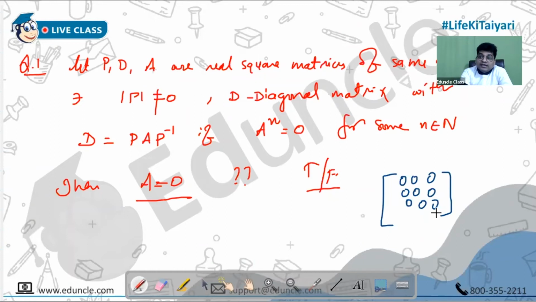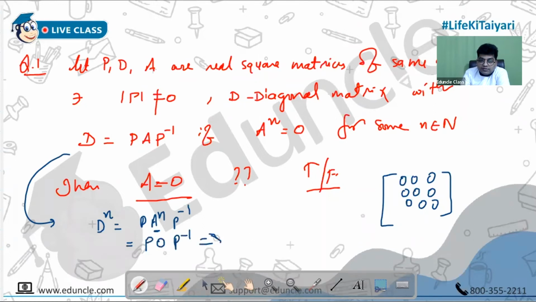is zero. And the second method: you can also write D to the power n is equal to P inverse A to the power n P. Yes or no? And A to the power n is zero, so this is zero. It implies D to the power n is zero.